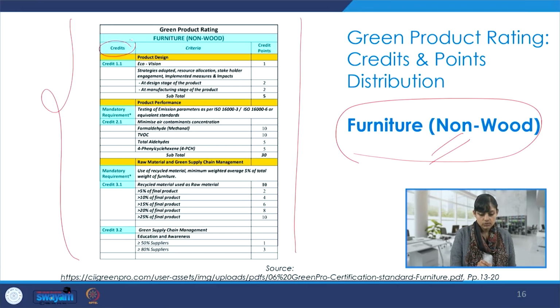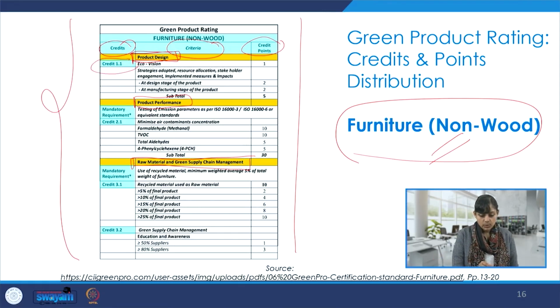So there are credits, there is the criteria, and there are associated credit points. There are also orders such as product design, product performance, raw material, and green supply management, and there are more. As we go to the next slides, we will see that.